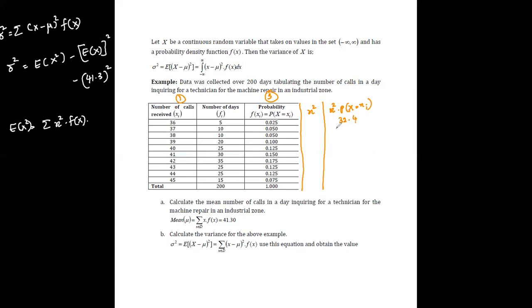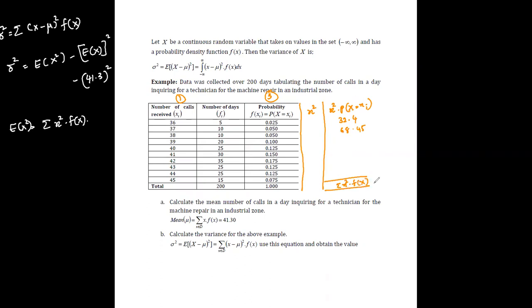If you perform the same for the second row, you square 37 and multiply it with the probability 10 divided by 200. Then this value would be 68.45. Likewise, you can perform this calculation, and here you may get the summation of x squared times f(x).